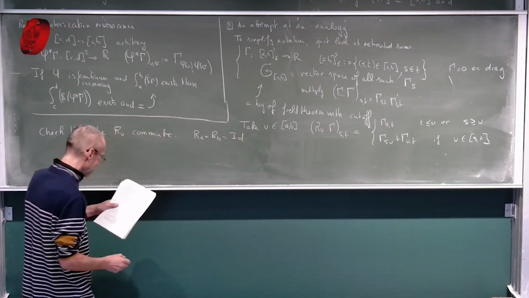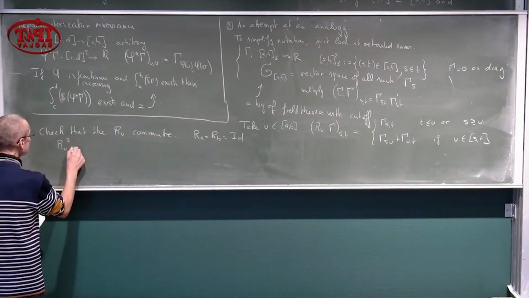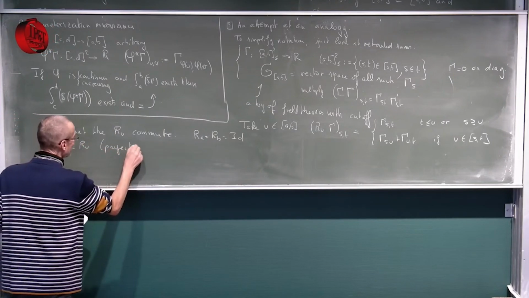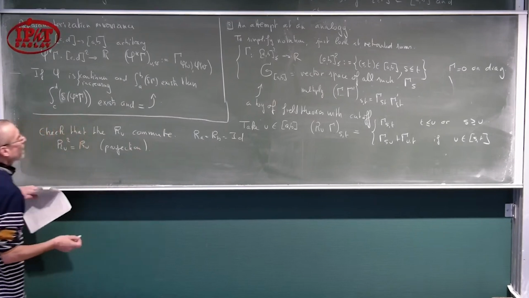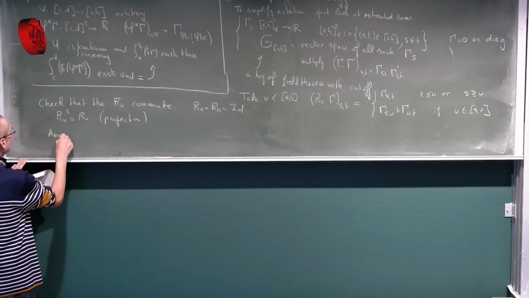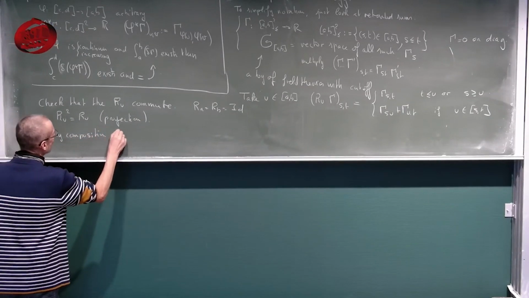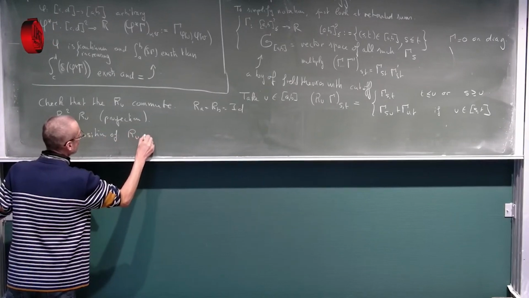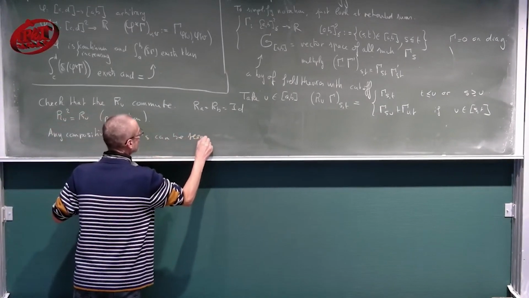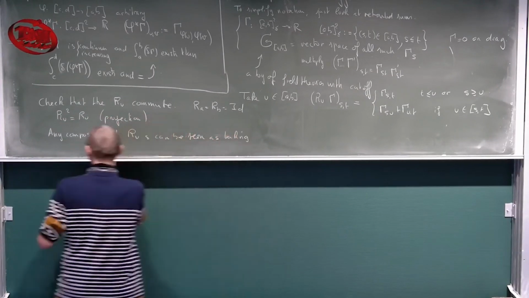That's easy. And if I do it twice, R_U squared is equal to R_U, so they are projections. So I can compose them, and any composition of R_Us can be seen as taking gamma to its Riemann sum.